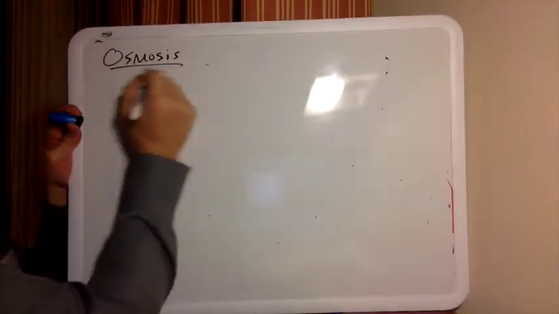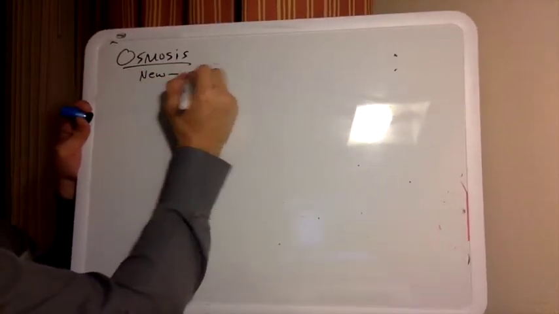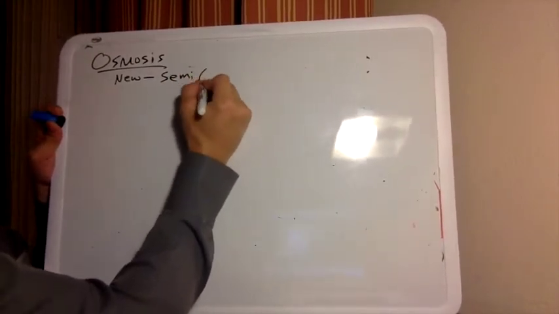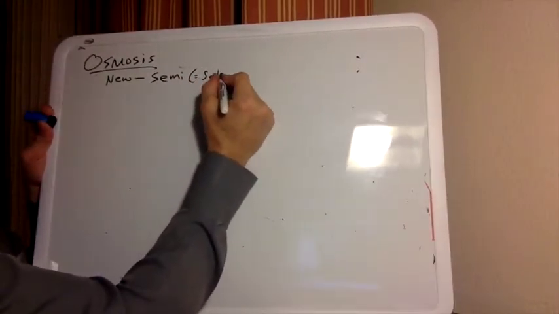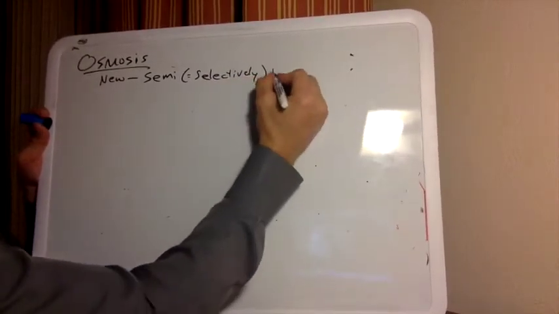What we have to do for osmosis is introduce a new concept. So new to the mix is what we call the semi, aka selectively permeable membrane.